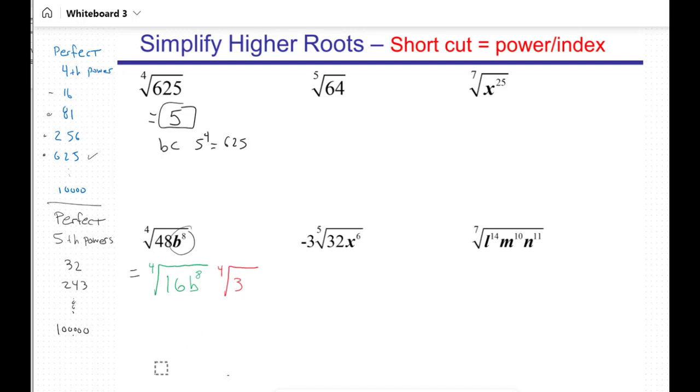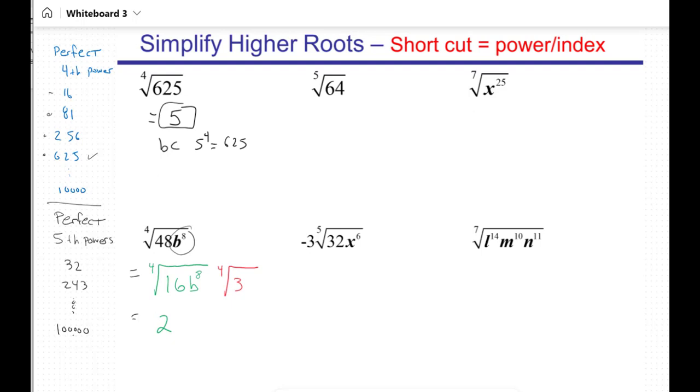Okay, so the green ones we factored out. The green factors have nice fourth roots. The red one doesn't. So when we simplify, the fourth root of 16 is 2, because 2 times 2 times 2 times 2 is 16. So the fourth root of 2 to the fourth power is just 2. And the b's, we do a little differently.